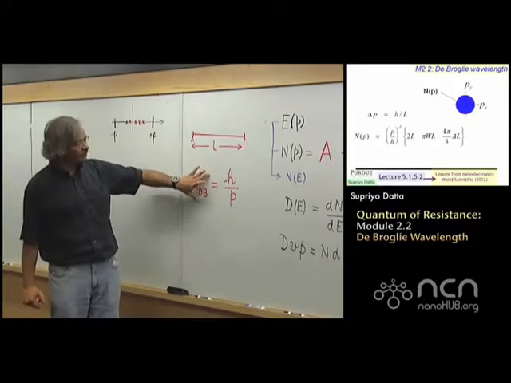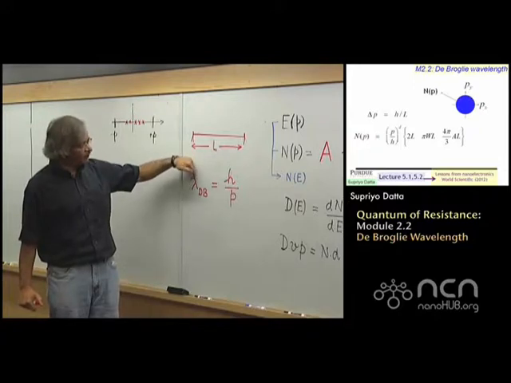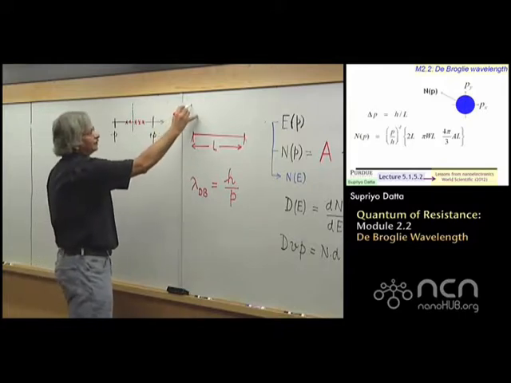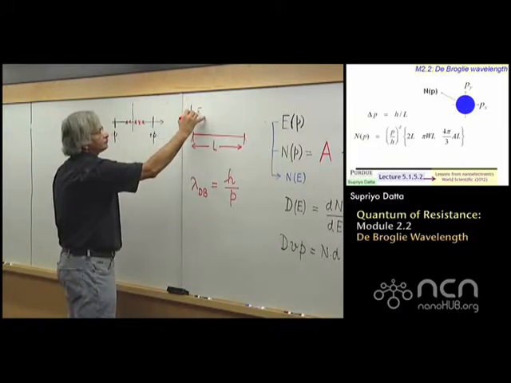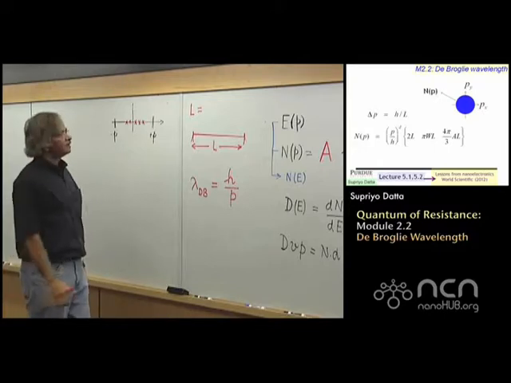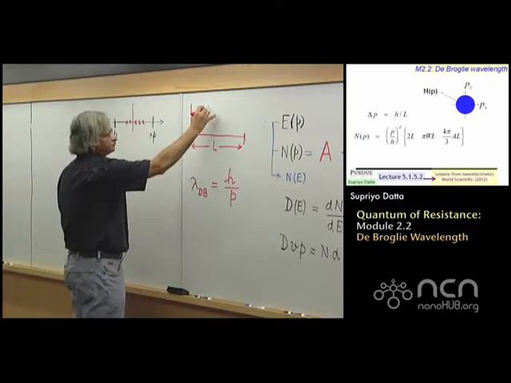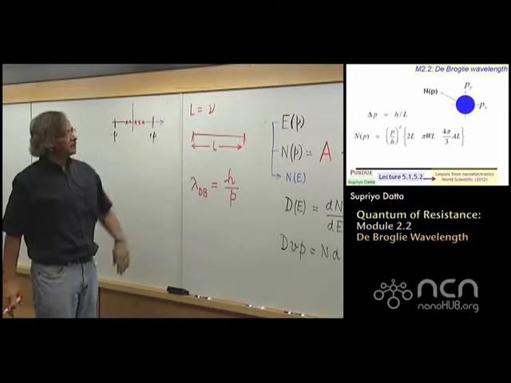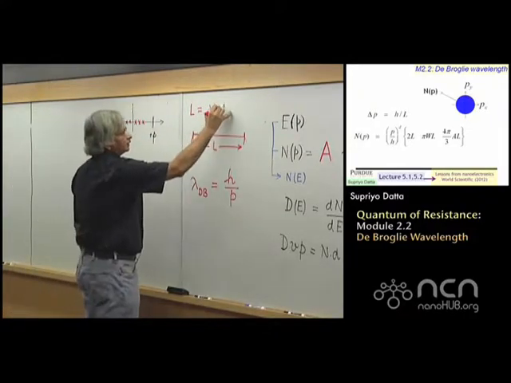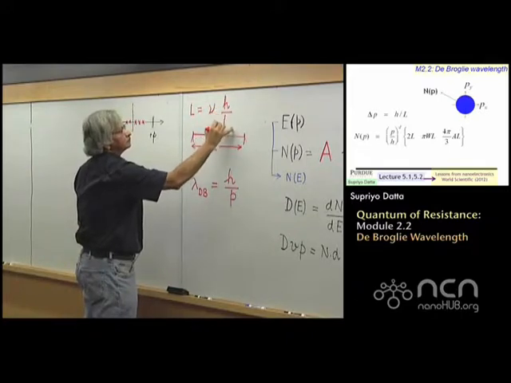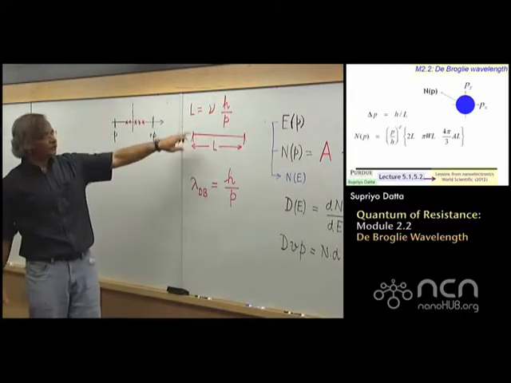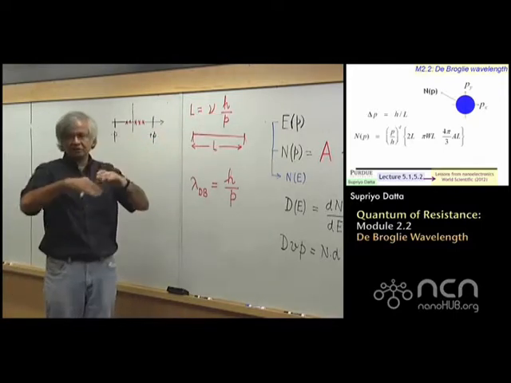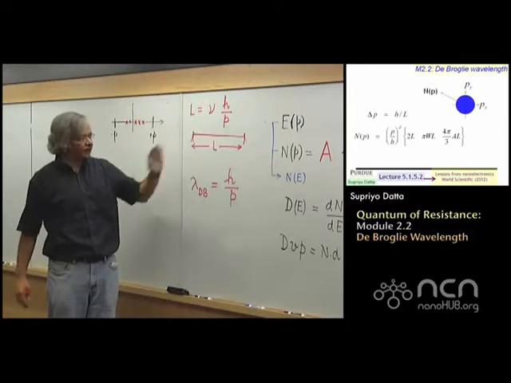And what you say is that the electron wavelength must fit into this box, and so we can say that the length of the box must be equal to some integer, I'll write that as nu, times the de Broglie wavelength. So the length of the box is an integer times the wavelength, because it must be a certain number of wavelengths long.